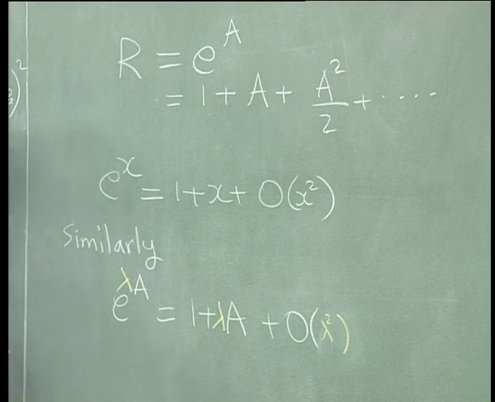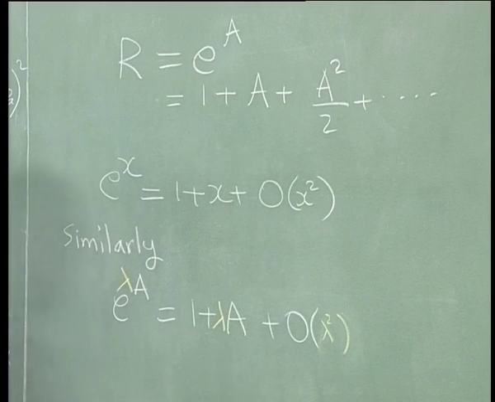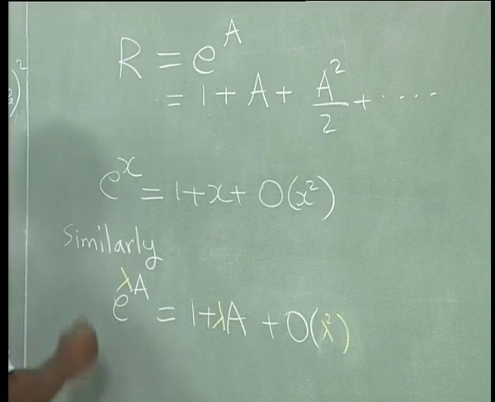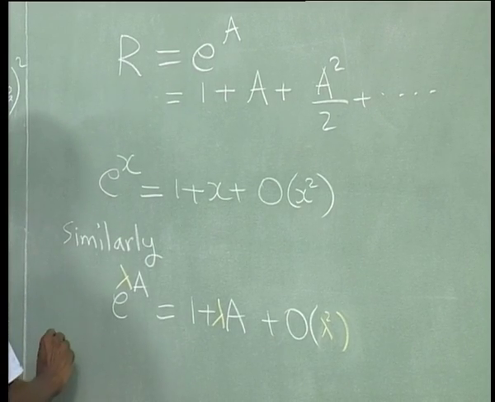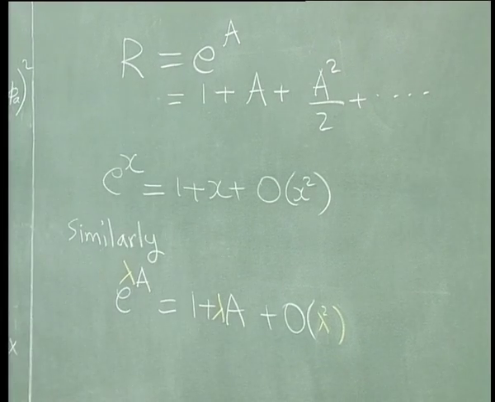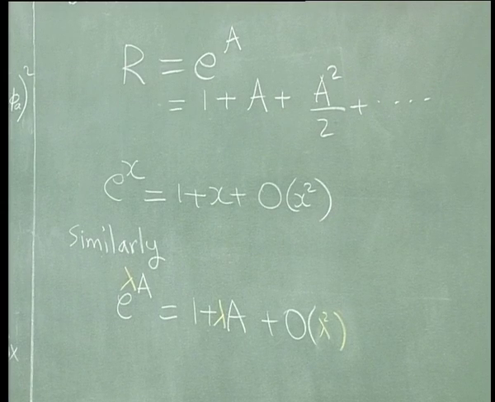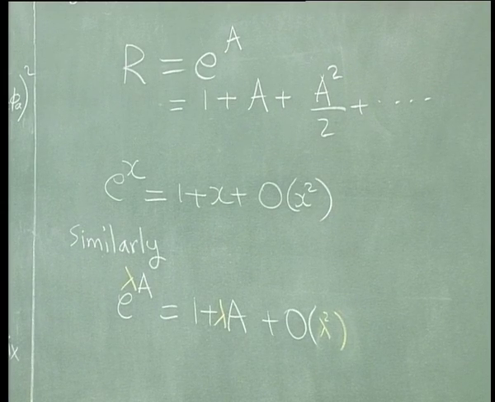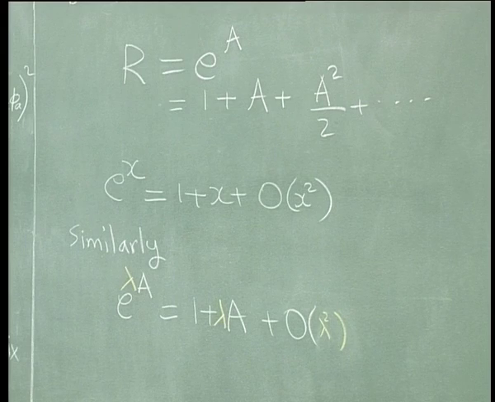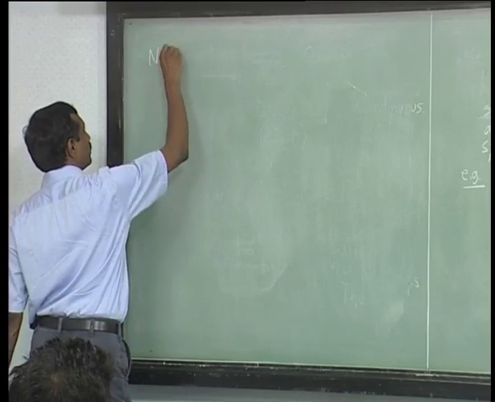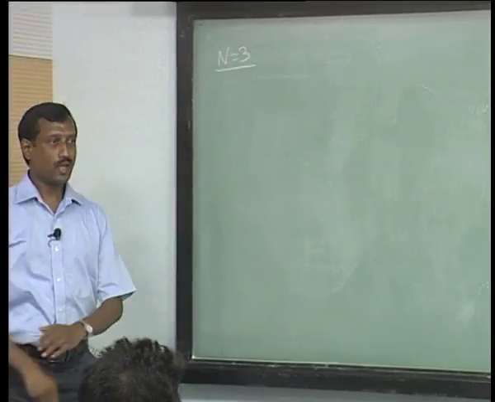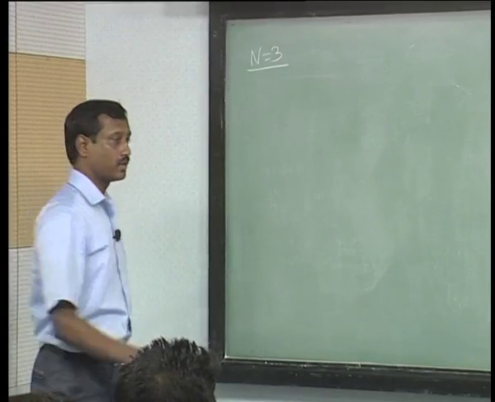So let us again come back to this A, and let us choose A to be 3-dimensional. So let us consider the case of maybe I will go to that side of the board. So let us consider the case when n is 3. Okay, so A is an antisymmetric matrix, 3 by 3 matrix.